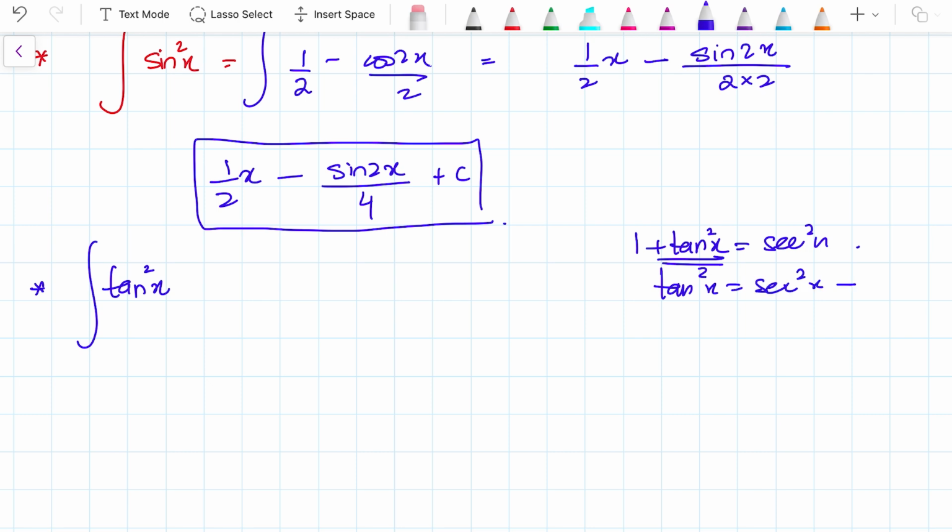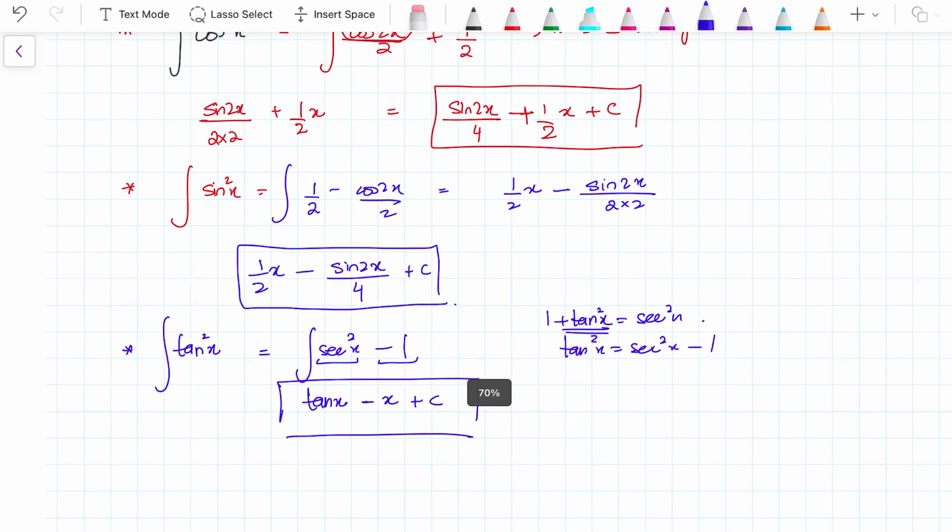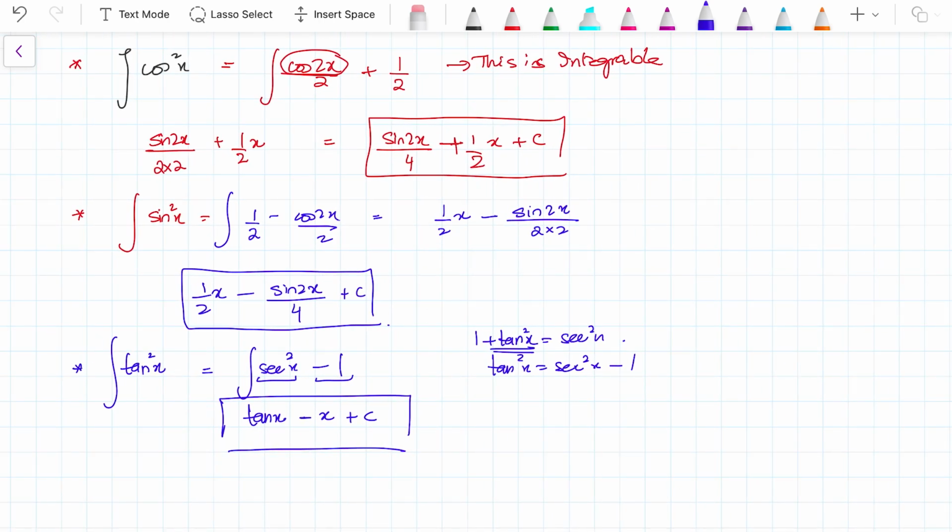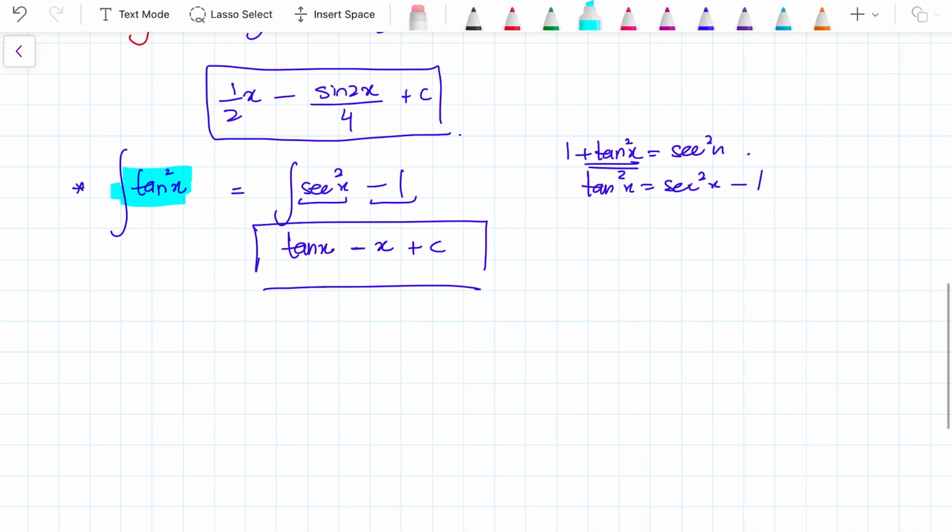Sec square x minus 1. What is the integral of sec square x? Tan x. What is the integral of minus 1? Minus x. So I am doing all of this so that you know what procedures you have to follow, which identities to use to integrate a cos square x, a sine square x, a tan square x. These are very important things that we need to know in P3.